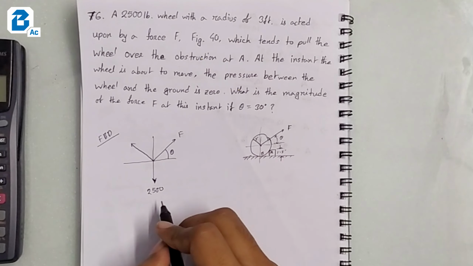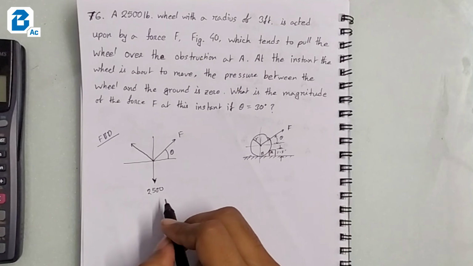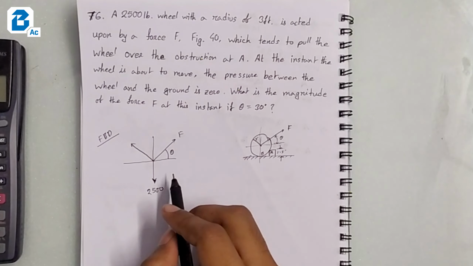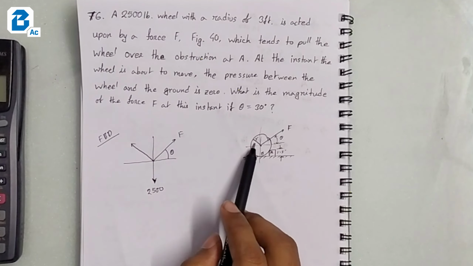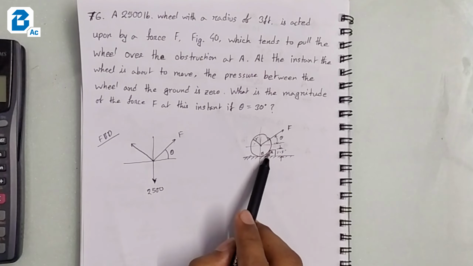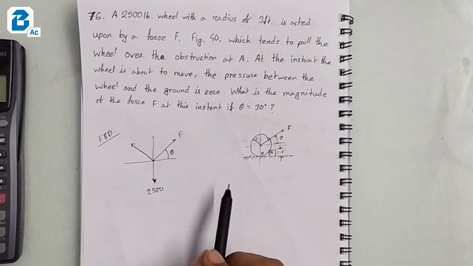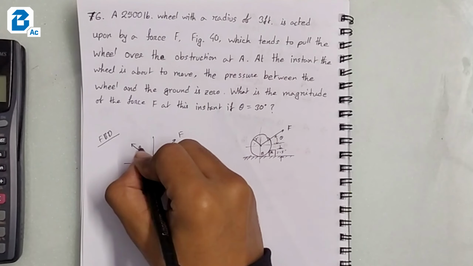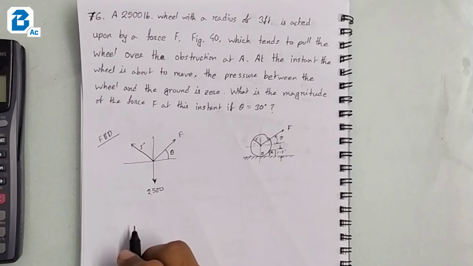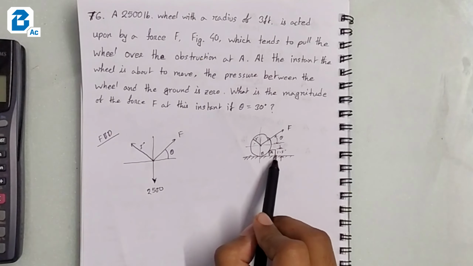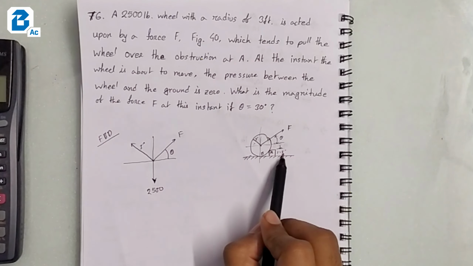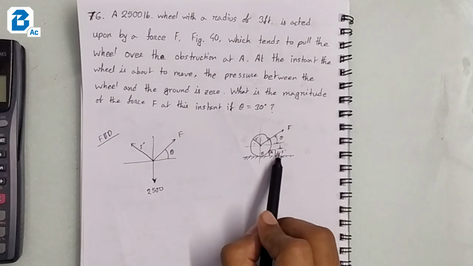Here if we solve it geometrically, the radius is 3 feet. So the point at which A is connected with the wheel, the distance to the center is 3 feet. So we can write it as 3 feet. And then here it says that the obstruction is about 1.5 feet in height.